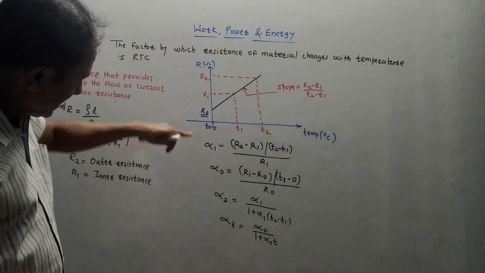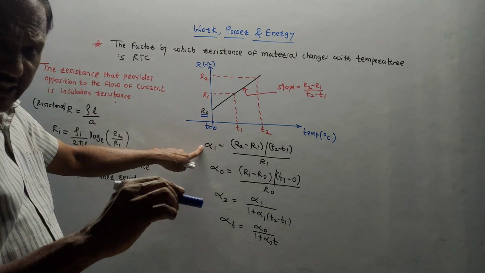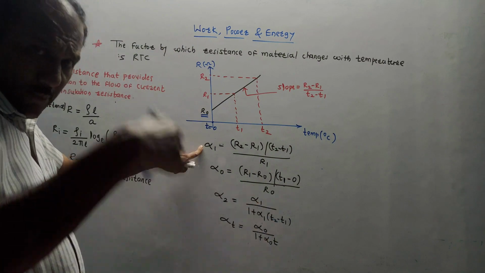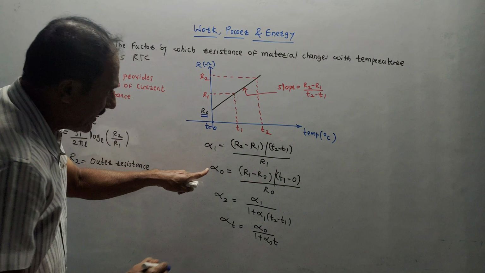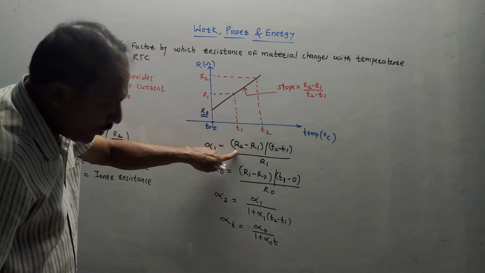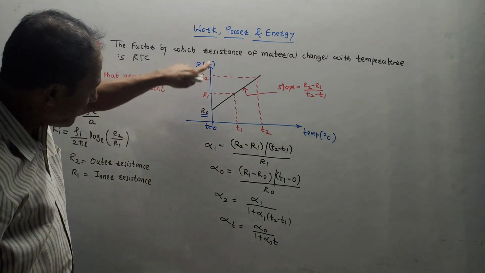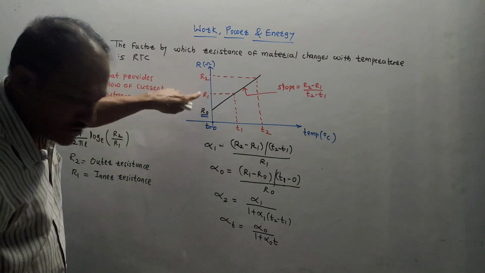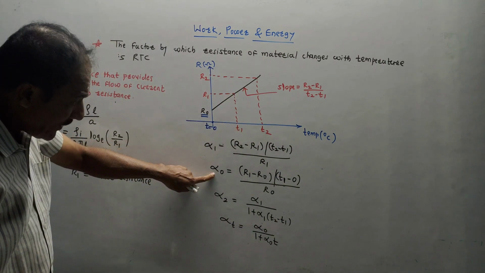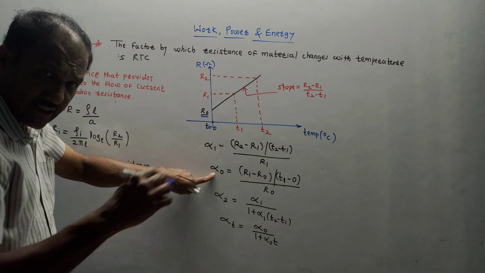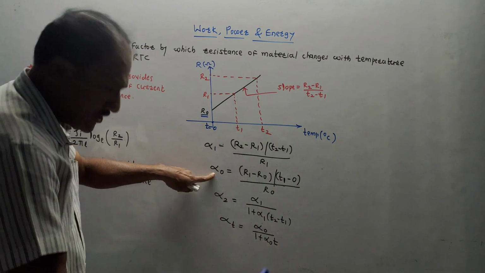Now there are some coefficients. Let us say alpha 1. Alpha 1 is the coefficient of resistance at temperature T1. This is the formula to calculate alpha 1 related to R2 and R1. I have already marked the values of R2 and R1. These are resistance at times T2 and T1 respectively. Similarly, alpha 0. Alpha 0 is the value of coefficient at origin or at T equals 0.